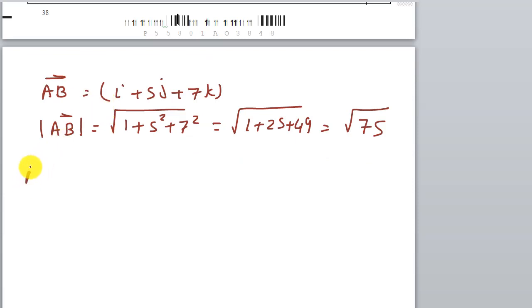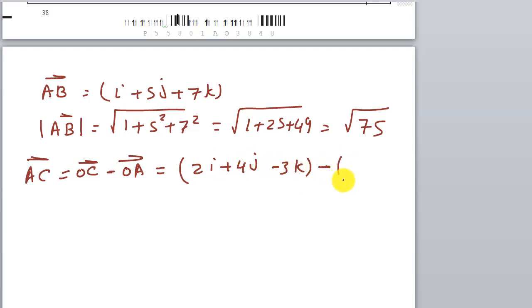Now AC as a vector is equal to OC as a vector minus OA as a vector. So it's equal to C, 2i plus 4j minus 3k, minus A, 2i minus 3j minus 2k.